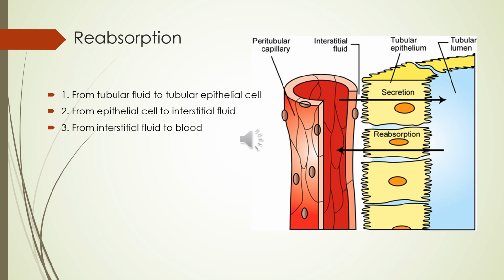And for any substance to be secreted, the reverse occurs. That is, from the peritubular capillary, it enters the interstitial fluid, and from there, it enters the tubular epithelium, and from the tubular cell, it enters the tubular lumen. Okay, so that is the pathway of reabsorption and secretion.